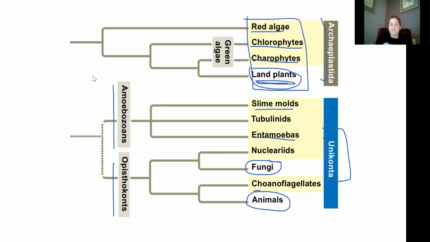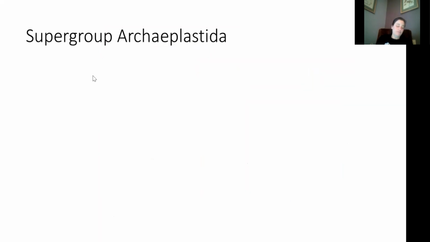So we're talking about us and animals and fungi, really large multicellular organisms that are closely enough related that they can be put into the same clade, the unikont clade. So again, classification is interesting at times and almost always confusing, I think.